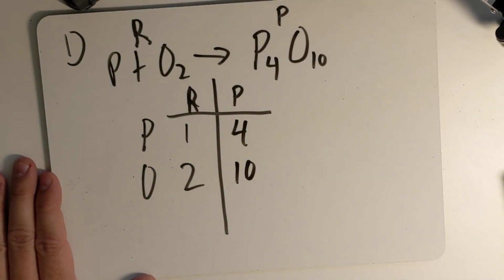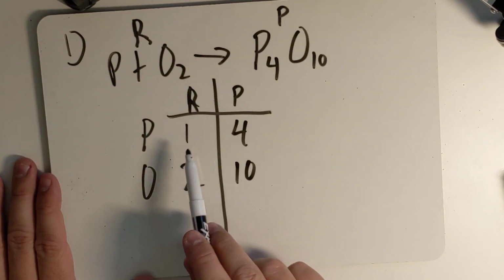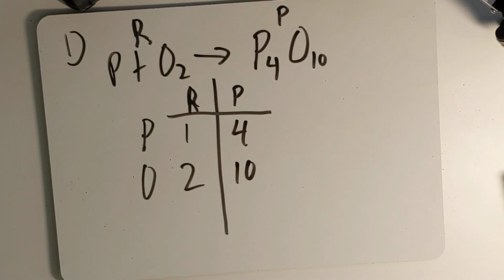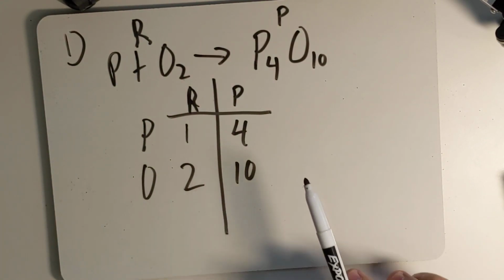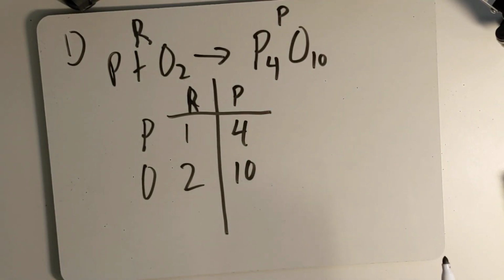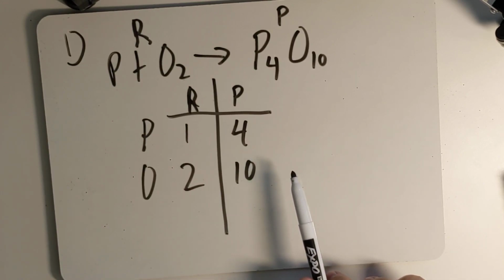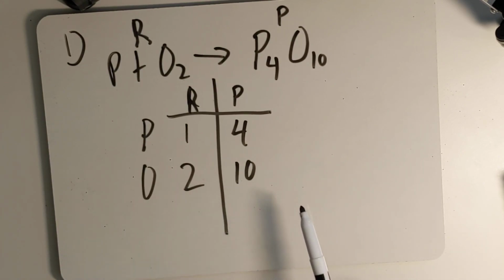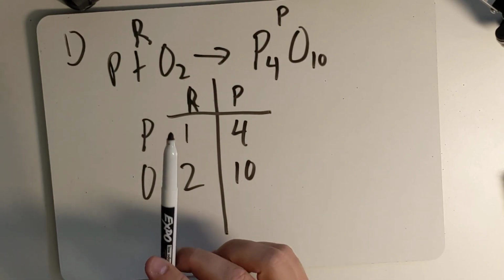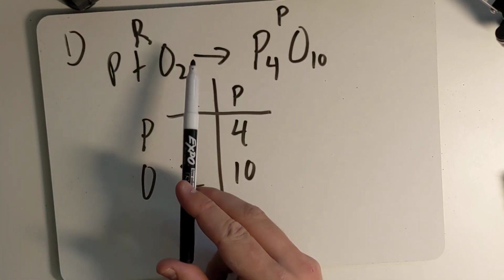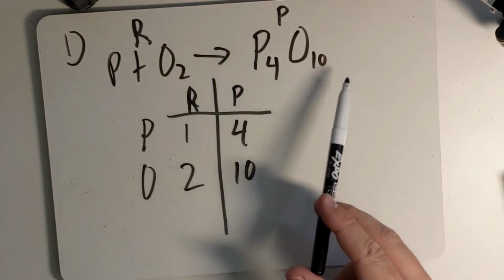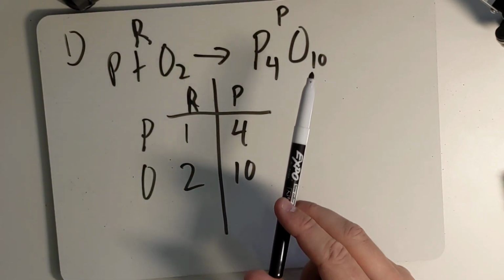All right, so here's what we do next. We want to look and see on our T-chart how many we have of each element on each side. Because the whole point of this is that in our universe, at least, no matter can be created or destroyed. So that means that whenever we have a chemical reaction, the same amount of stuff that we have reacting will always be the amount of stuff that we have after the reaction.